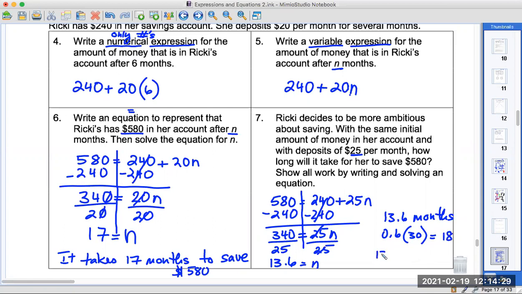So it takes 13 months and 18 days to save her 580 bucks. So this is a way you can change decimals to the next lower unit. After month comes days, and if you want to change it to hours, you would keep going, 24 hours in a day. Always multiply by the lower units.